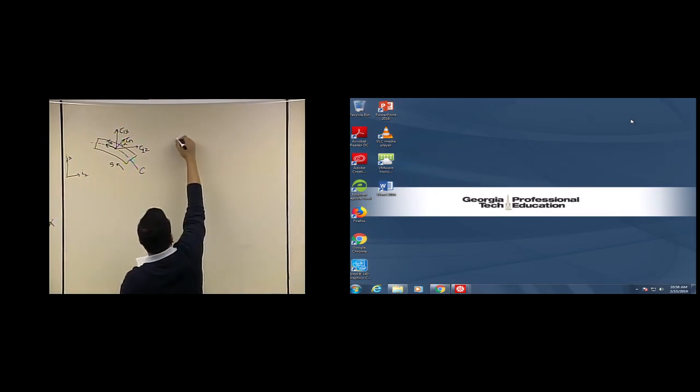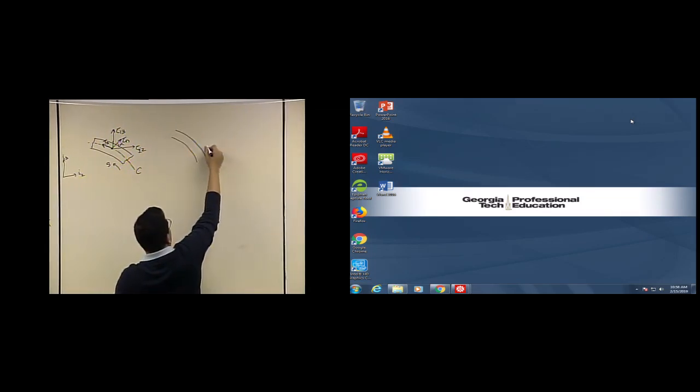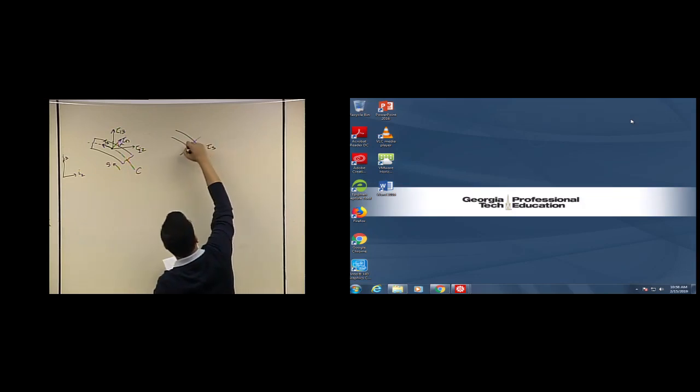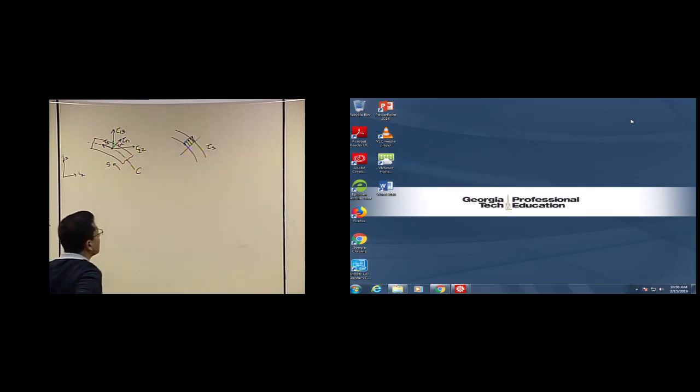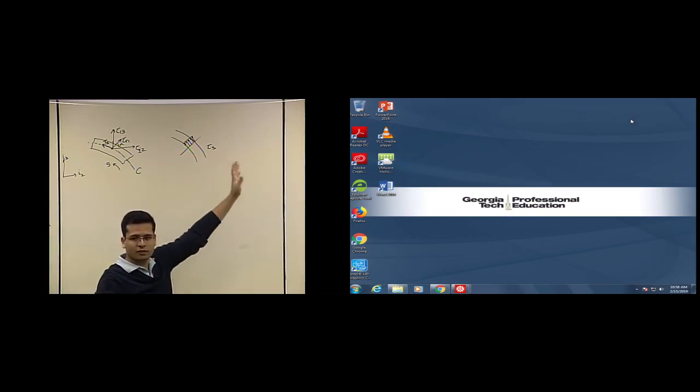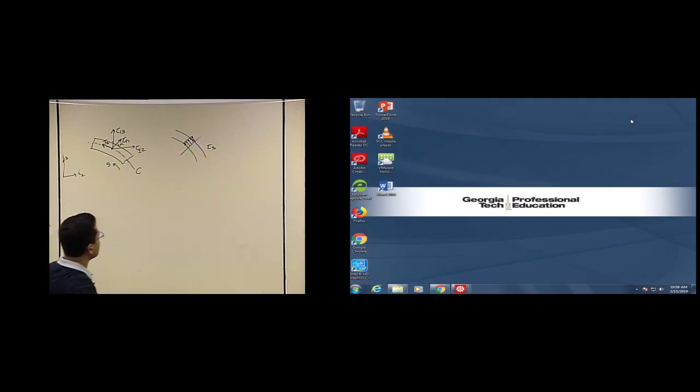So in our problem, if we take a cross section and cut it across the thickness, we'll see that tau s is fairly constant in the cross section because there isn't enough thickness to generate a variation. So the shear stress, which is tangential to that thickness, will always be constant or close to constant.